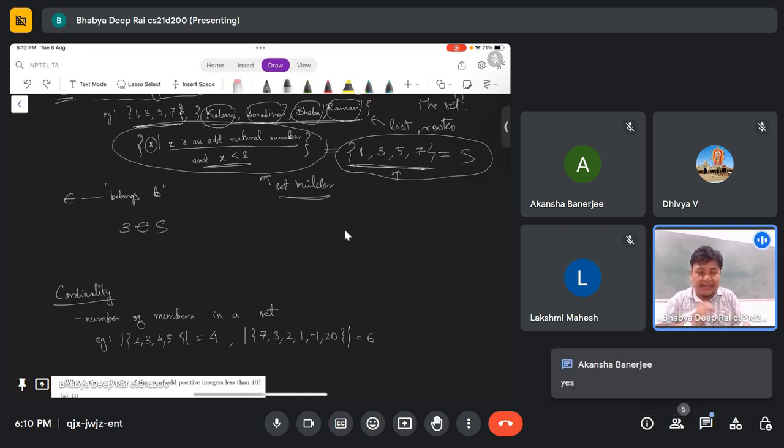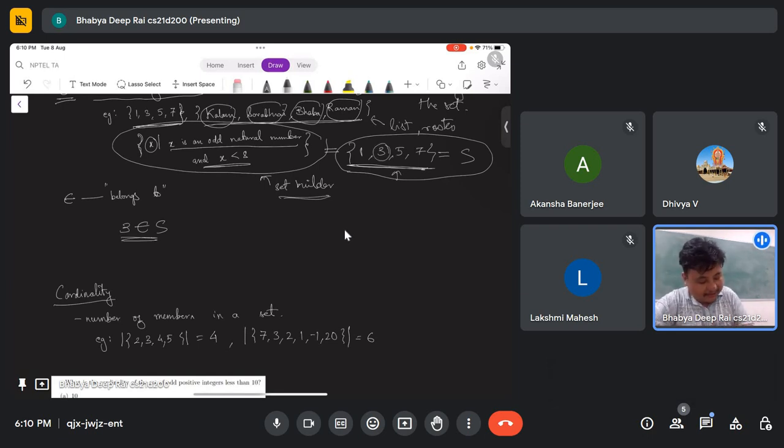Yeah, Akanksha. So what is the explanation? 3 is a member of S. We can clearly see 3 inside, so clearly this is true. However, if I write 8 is in S, now this is clearly false. What is true is that 8 is not in S. And what does this symbol mean?